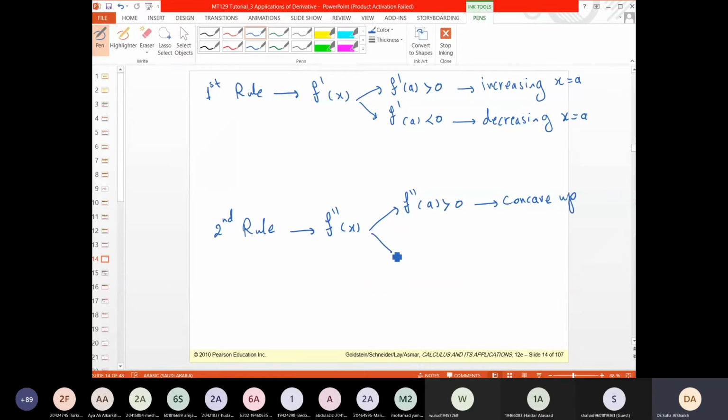And if f double dash at the point A is negative, this means that the function is concave down. It makes sense, right? Studying the f dash will give me information about increasing, decreasing. Studying the f double dash will give me information about concavity.